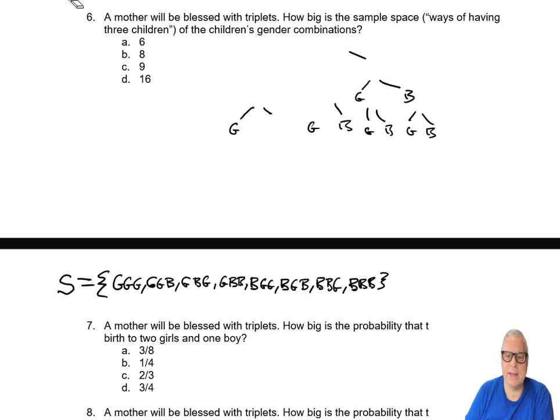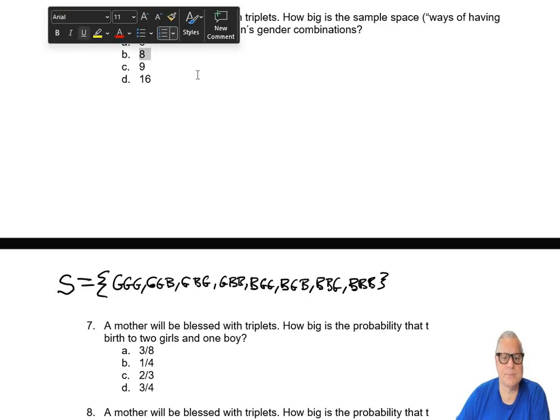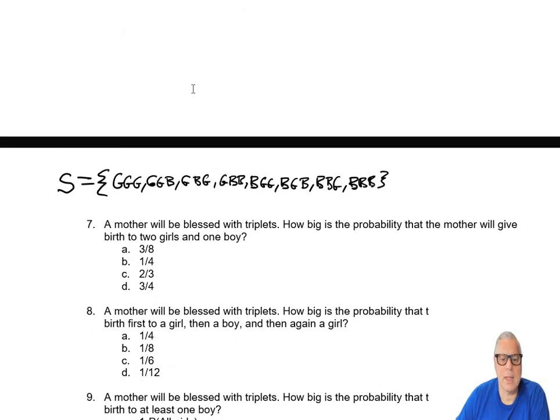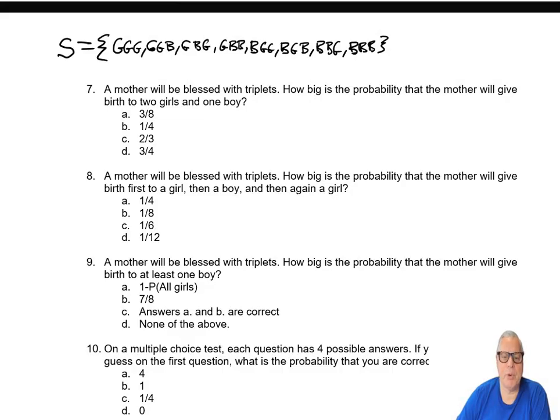So there are 8, and what I just erased is 2 raised to the 3, 2 times 2 times 2. So the answer is 8. Okay, how big is the probability that the mother will give birth to 2 girls and 1 boy?